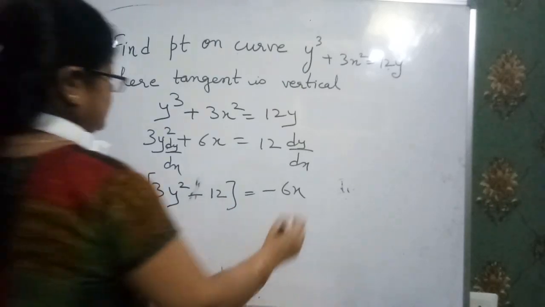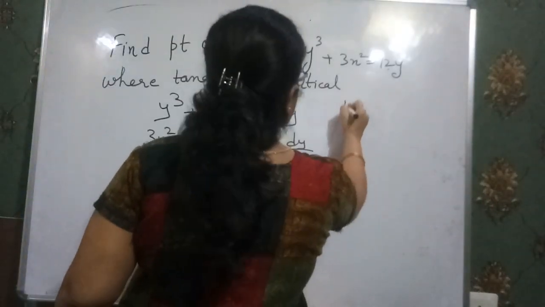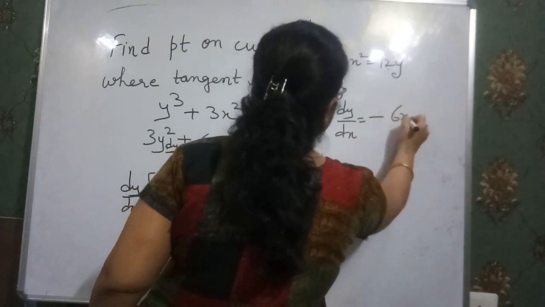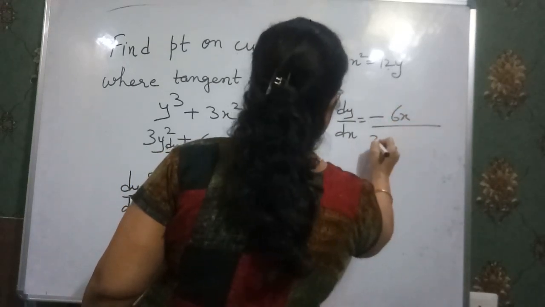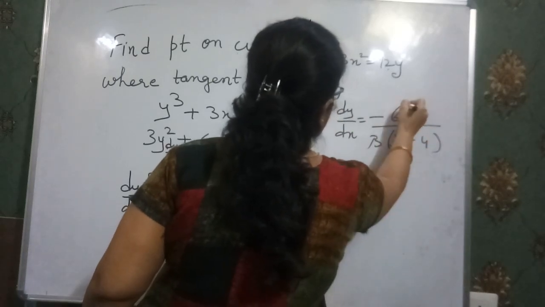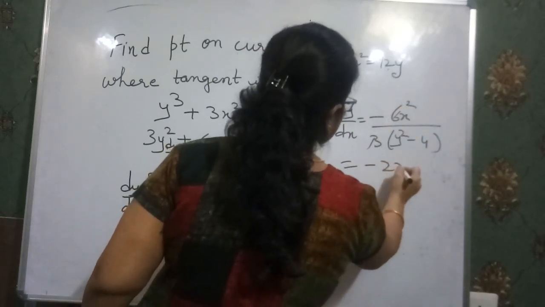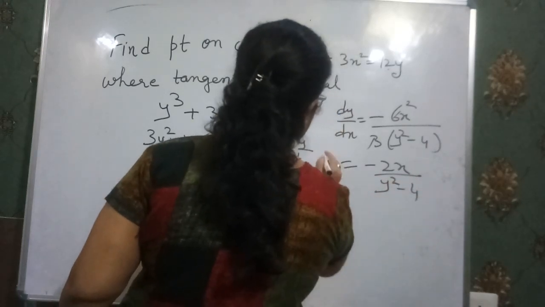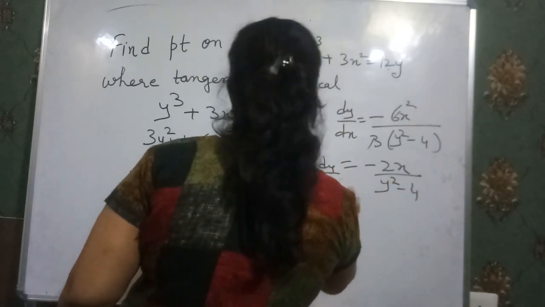Clear? So we have dy by dx is equal to minus 6x over 3, I am taking common, y square minus 4. It gets cancelled. So I am left with minus 2x over y square minus 4, which is equal to dy over dx.